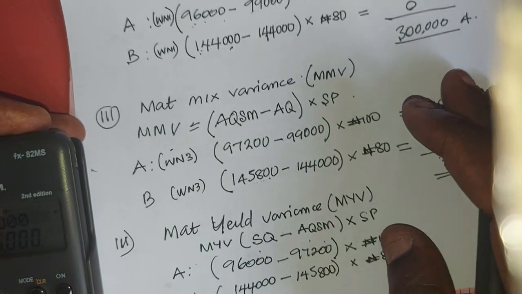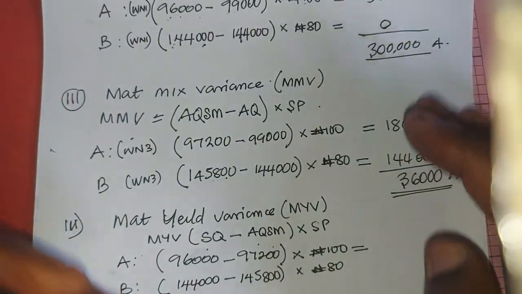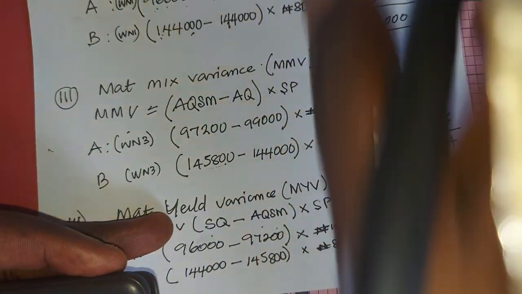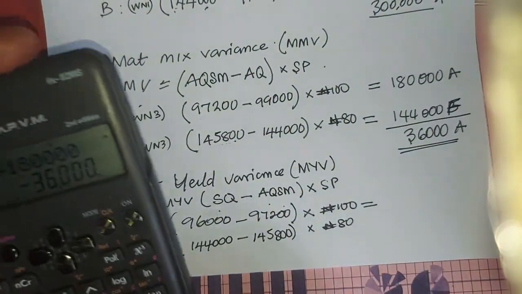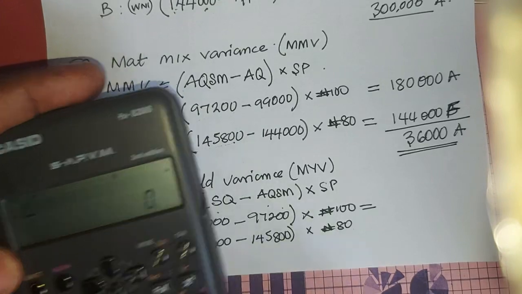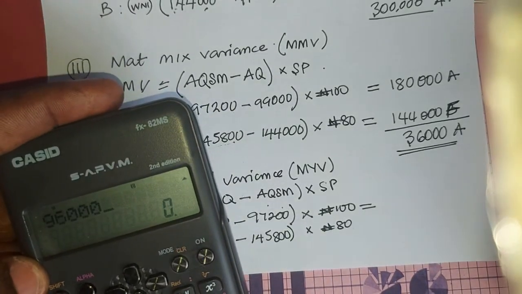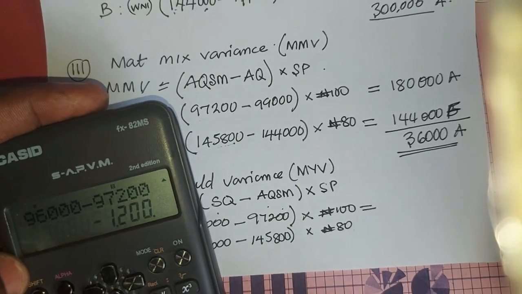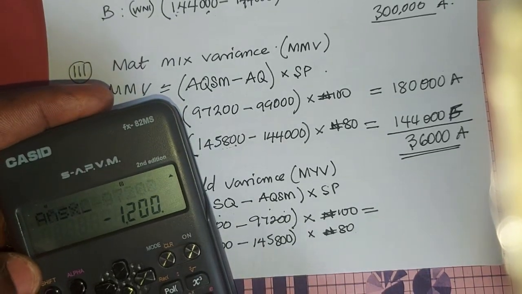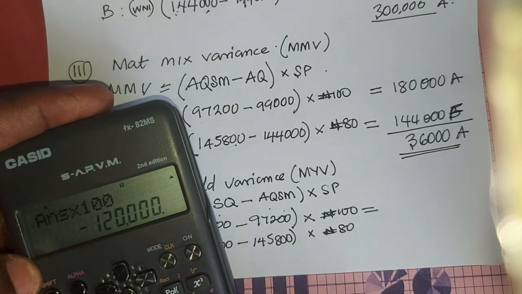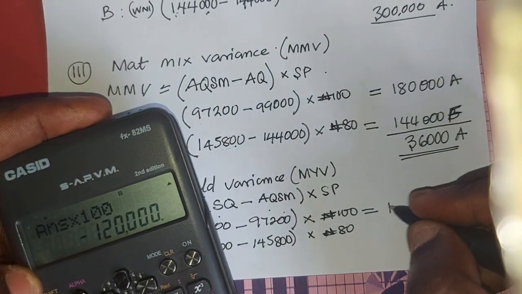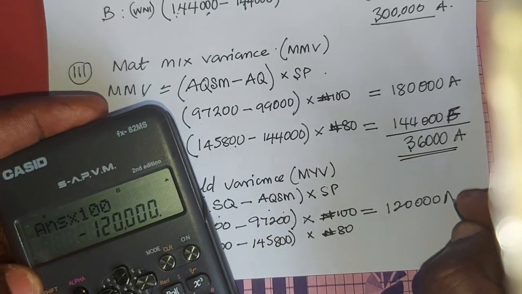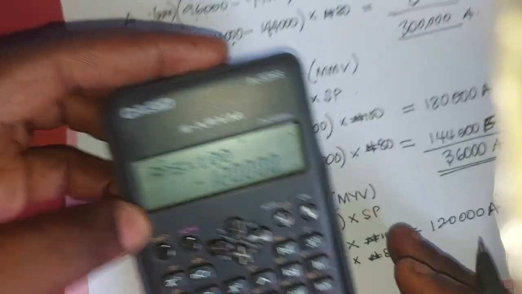Okay, so when you multiply this, what do you have? Let's quickly do the multiplication. We have 96 minus 9,700 multiplied by 100. That is 120,000 adverse.